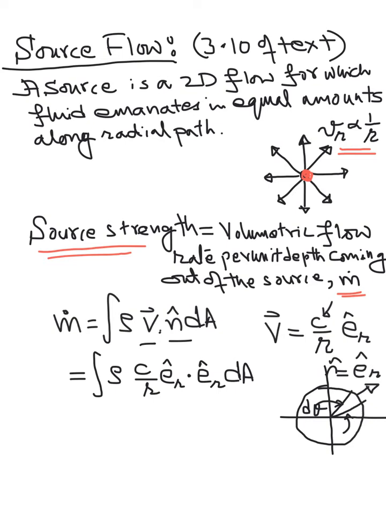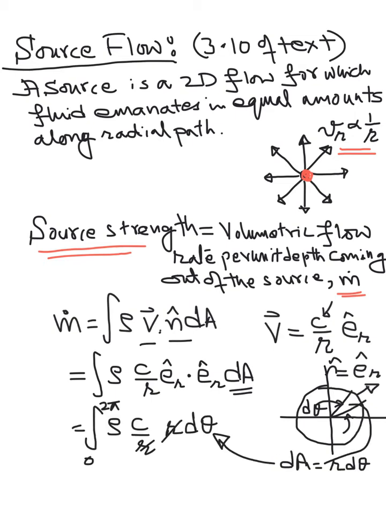So substituting these values here, performing the dot product, I will also substitute the value of dA. For dA I will consider this small element. For example, if that is a circle surrounding my source, I will substitute the value of dA.